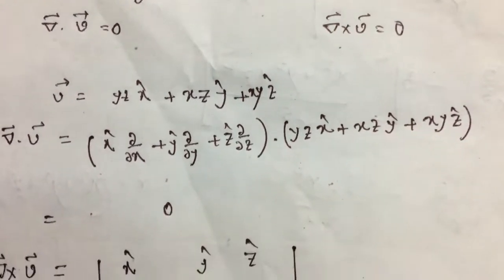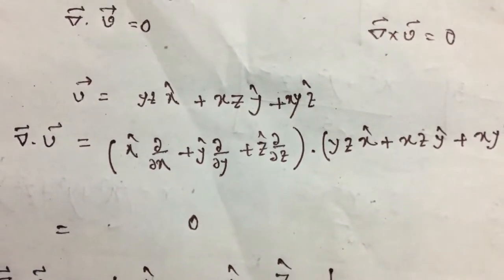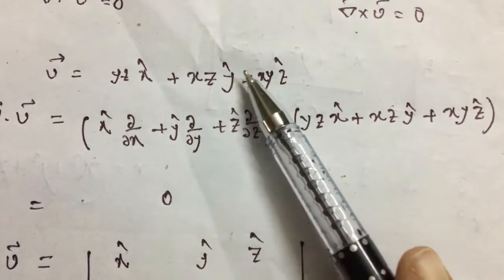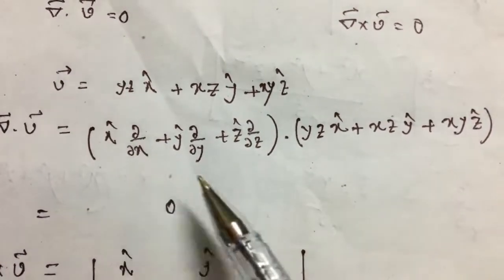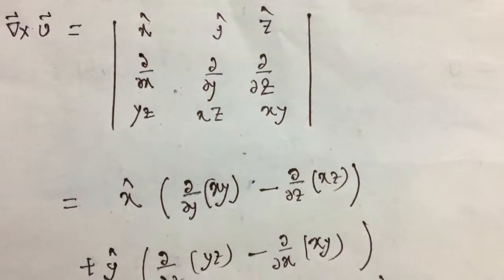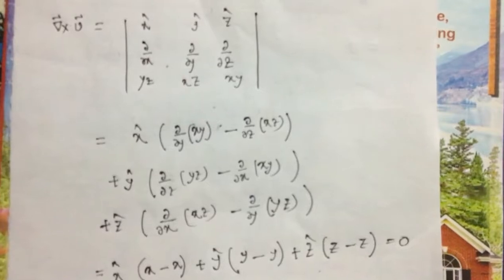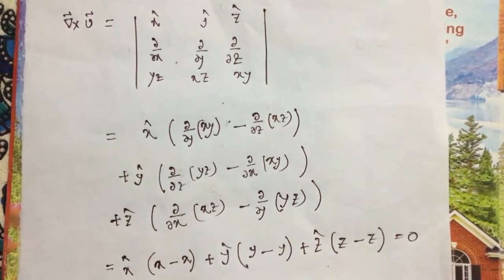But let's do something more interesting. If we take V equal to yz x cap plus xz y cap plus xy z cap, whenever we calculate the divergence of it, it will give me 0. And whenever we calculate its curl, you can check on your own, this will result in 0 also.